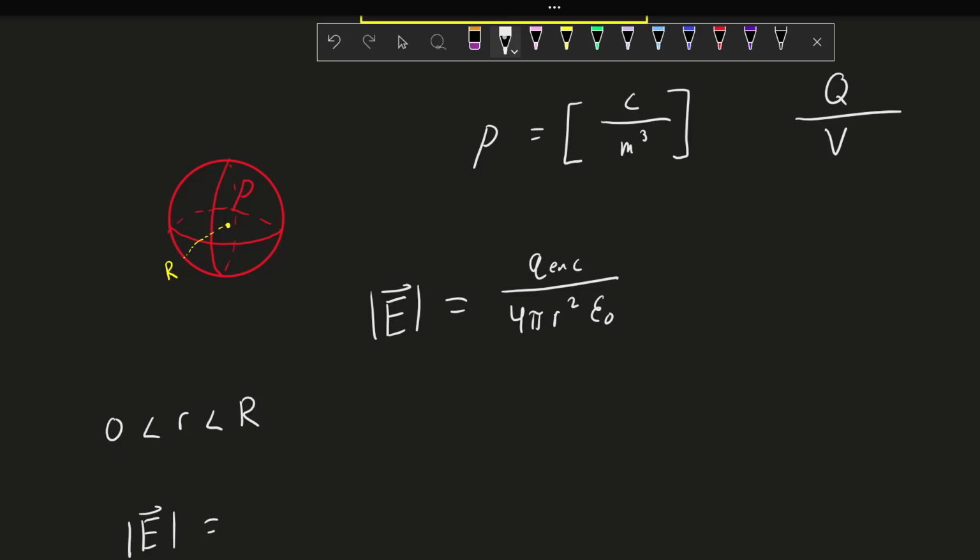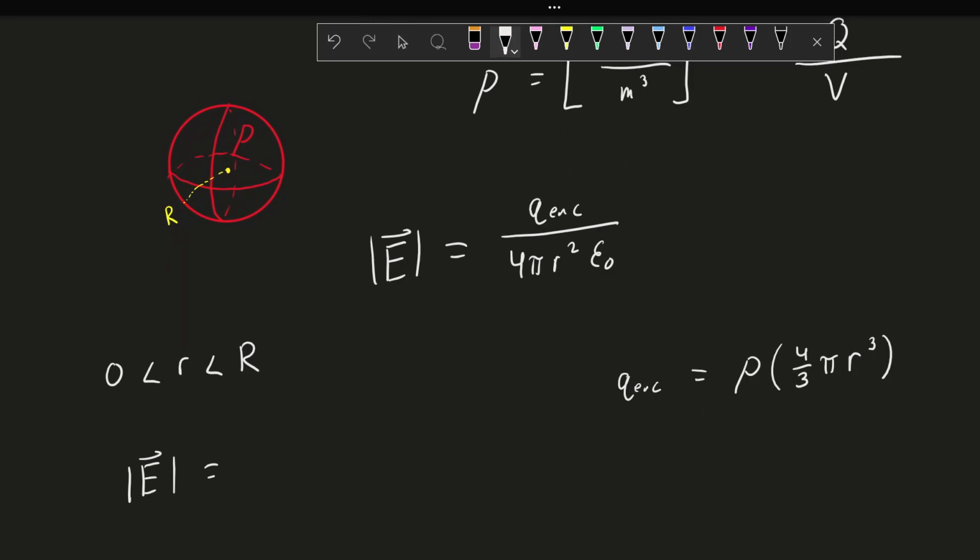In this interval, we are going to enclose a charge that is equal to the charge density times the volume that we're enclosing. So you just multiply this rho times the volume. Now the volume of the Gaussian sphere at any radius would be the volume of a sphere, 4/3 pi times the instantaneous radius of the sphere cubed. Then this is our Q_enc.